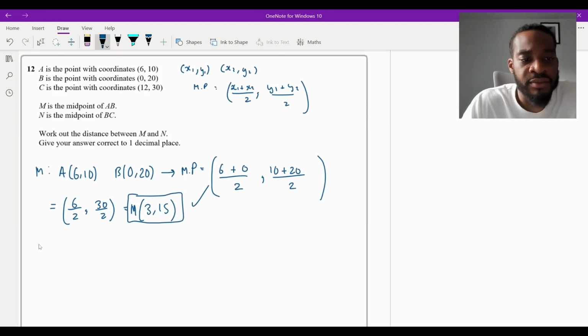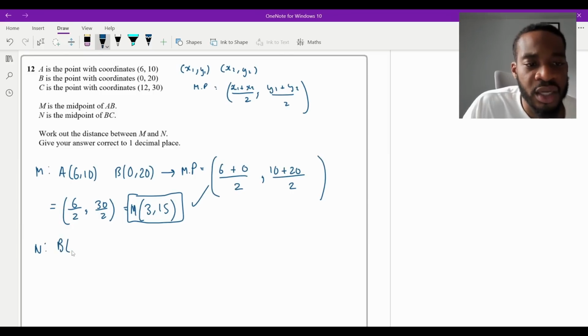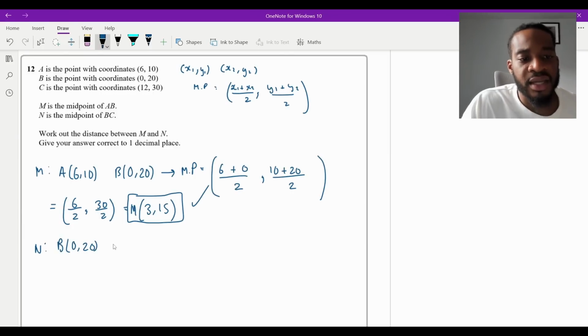Now I'm going to do the same thing for N. So N is the midpoint of BC. So I'm going to write B, which is going to be (0, 20), and C, which is going to be (12, 30). Now the midpoint, again, is going to be: add the x's, add the y's, halve.